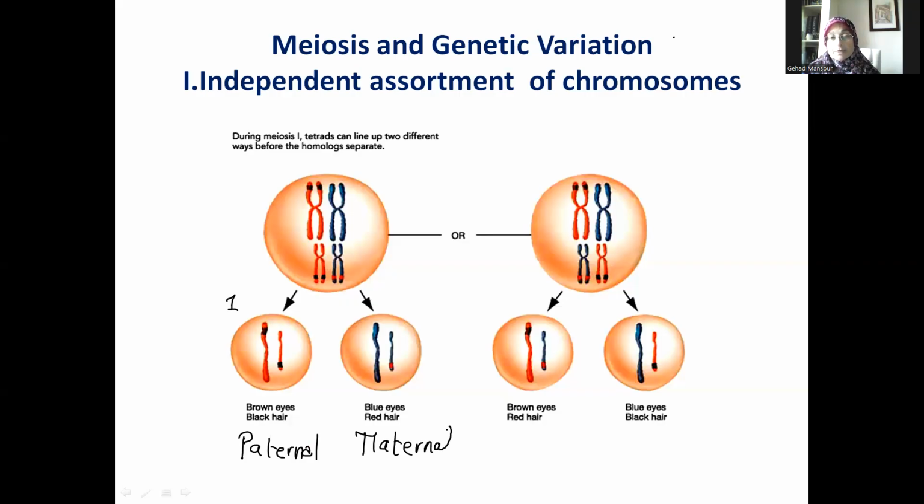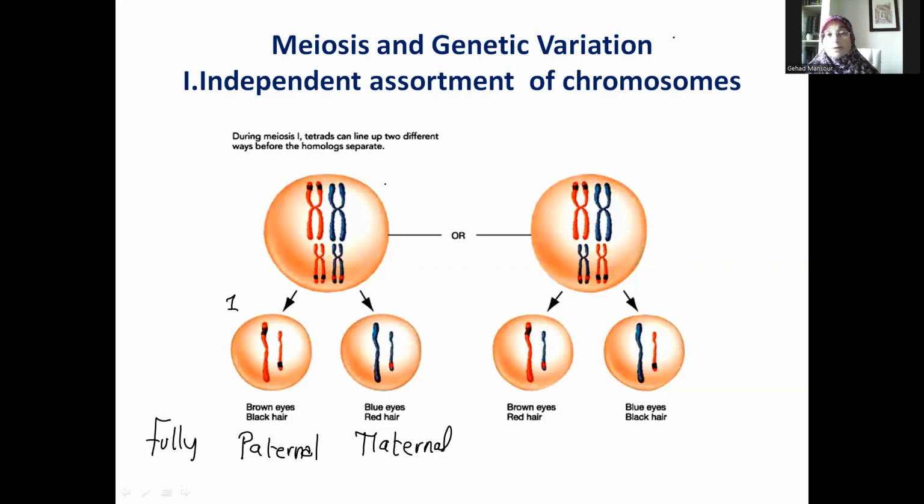So this gamete will only contain genes that, when translated, give the properties of the dad, whereas this one contains genes that are all maternal.